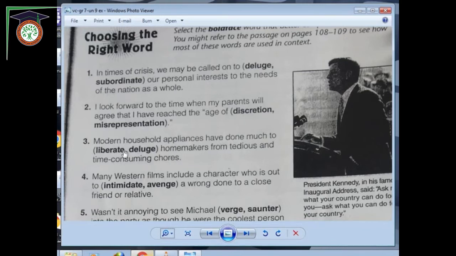They did what? Liberate them or deluge them from? Take this word in particular in mind, from: deluge from or liberate from. Alright, so yes, free, it's like make them free from time-consuming chores, so it will be liberate. Very good.